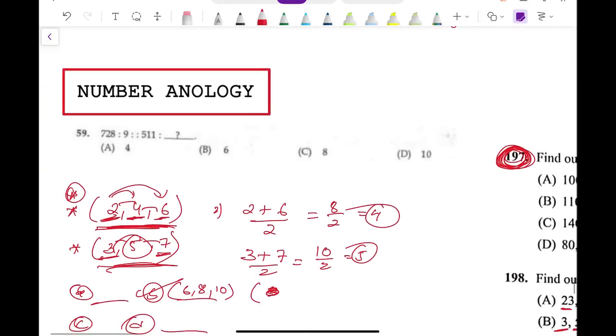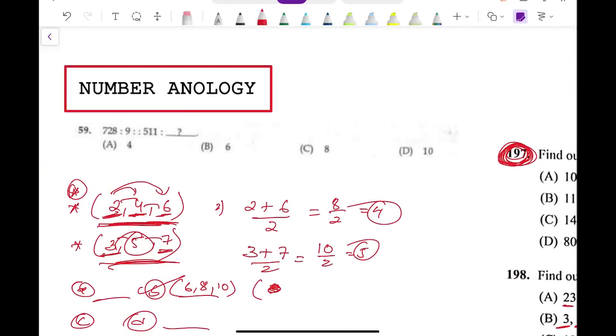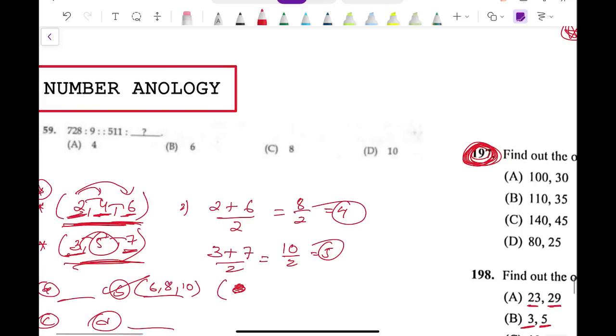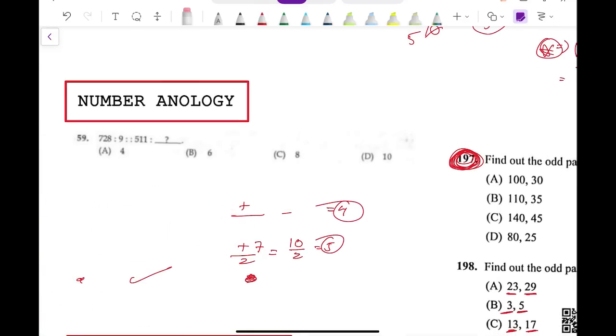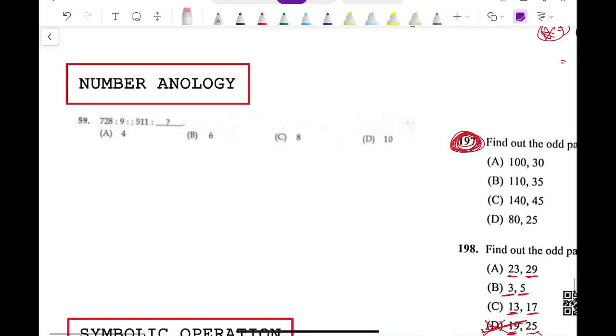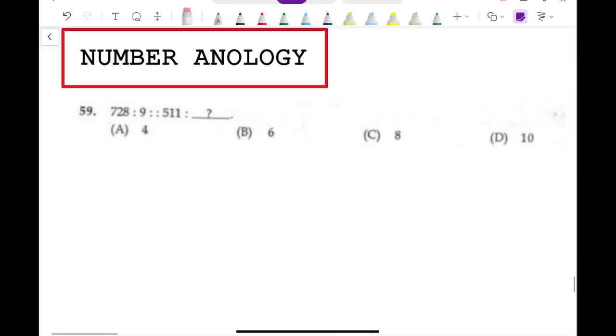And the question can also be asked this way. 729, I'll just write. Let me just try here. 729 is given as 9, and 729, I think it's a cube series.